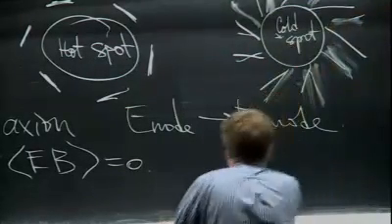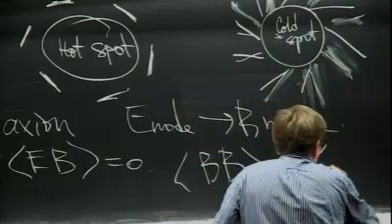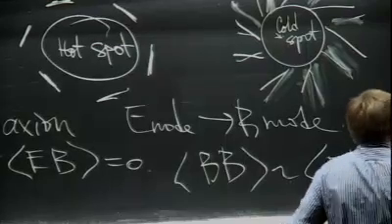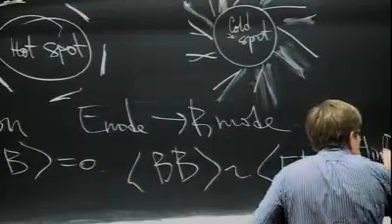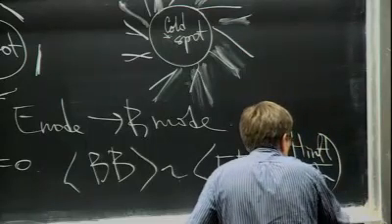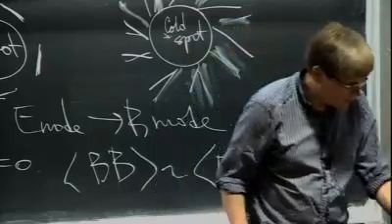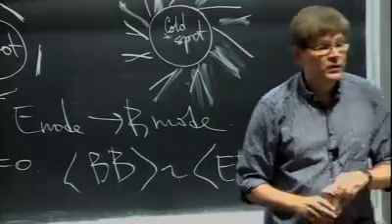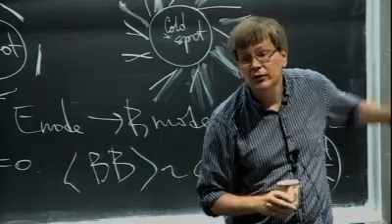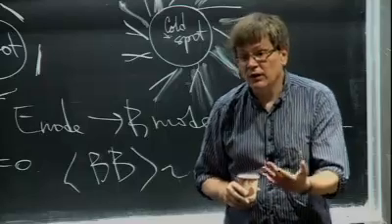But the BB will be non-zero and proportional to EE, roughly, times (H inflation over 2π FA) squared. So this is a mechanism for transferring some of the E mode polarization into the B modes, and it's highly non-Gaussian.